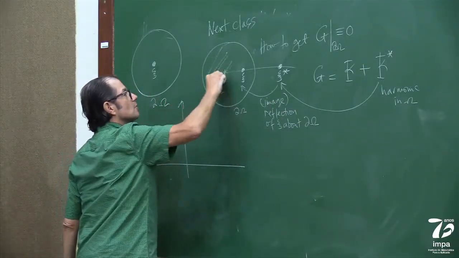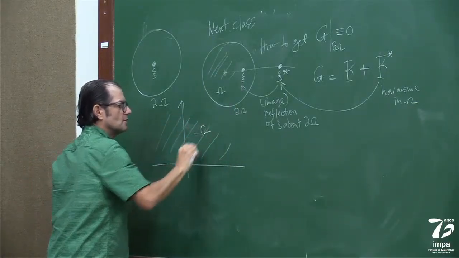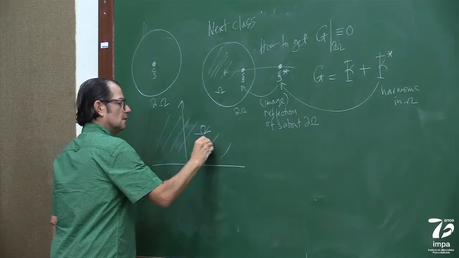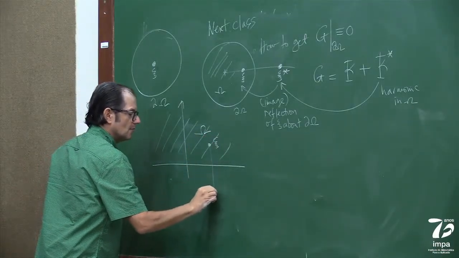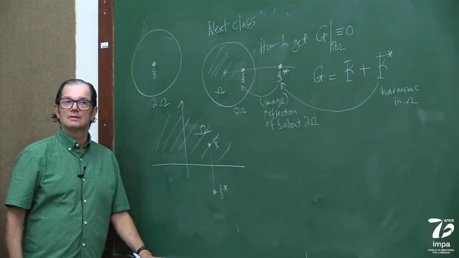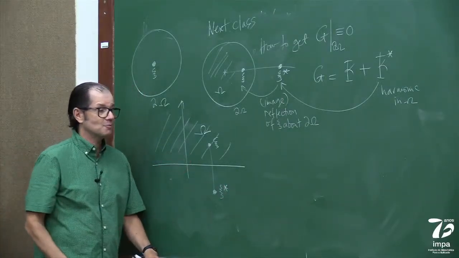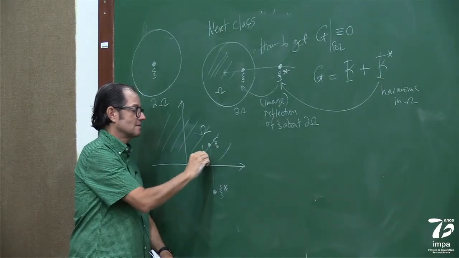So this is the domain omega. And I'm going to finish here. I have my point C here, and I'm going to have my reflected point, my image point here, C star. And for the half space, this distance here is exactly that distance there.